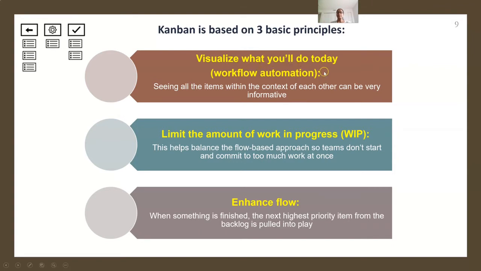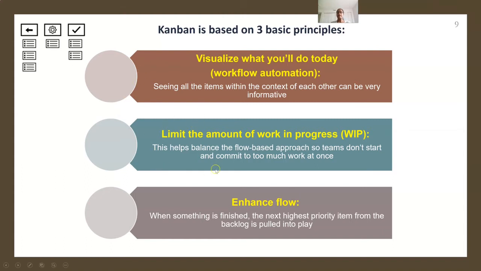So the 3 basic principles of Kanban include: visualize what you'll do today, that is workflow automation. Seeing all the items within the context of each other can be very informative. Limit the amount of work in progress. This helps the balance of the flow-based approach so that teams don't start and commit too much work at once.